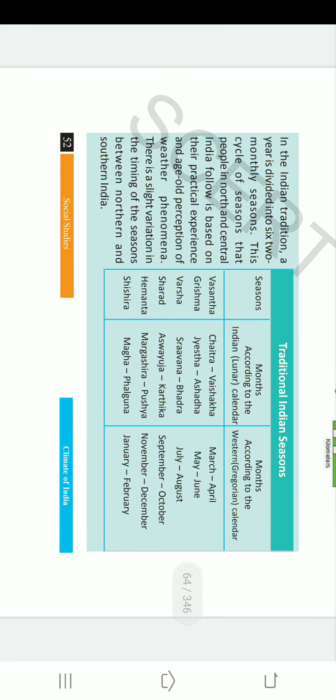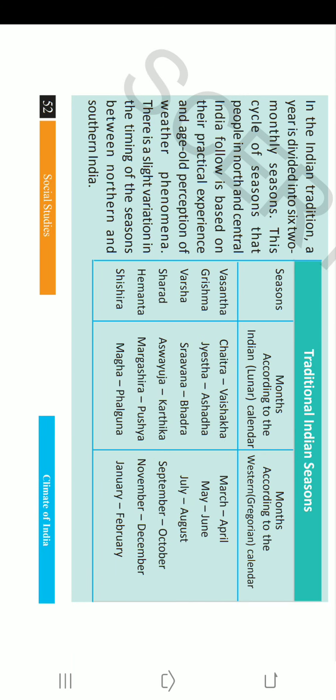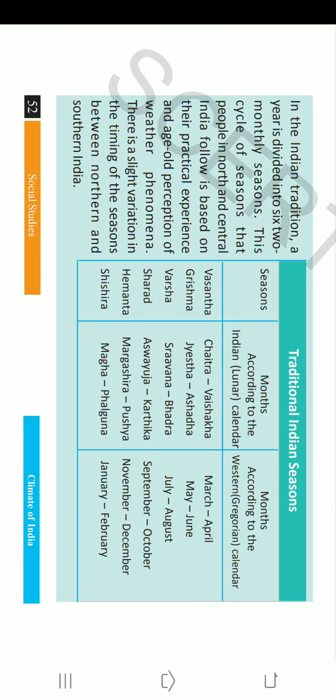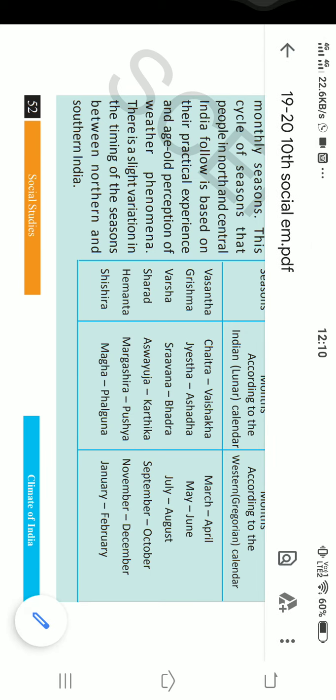It is the traditional seasons of India, right? We know the English seasons, that is January to December, right? Whereas in our Telugu tradition there are also seasons and months. These are Chaitra, Vaishaka, Jyeshtha, Ashada.